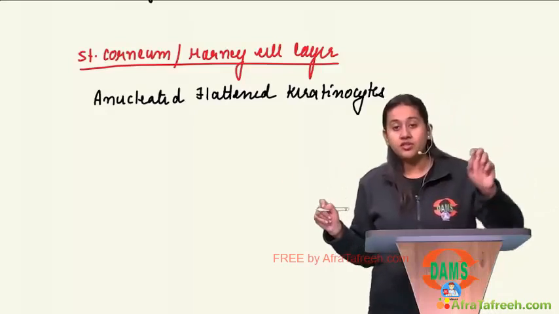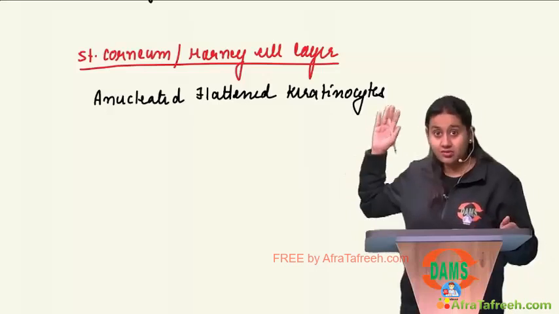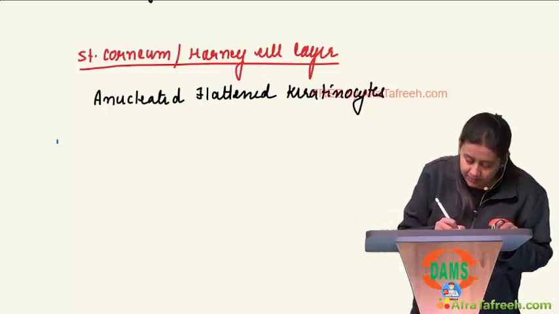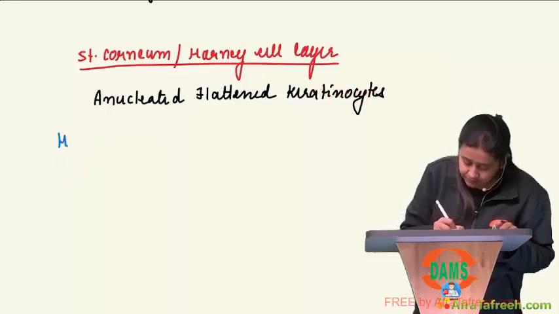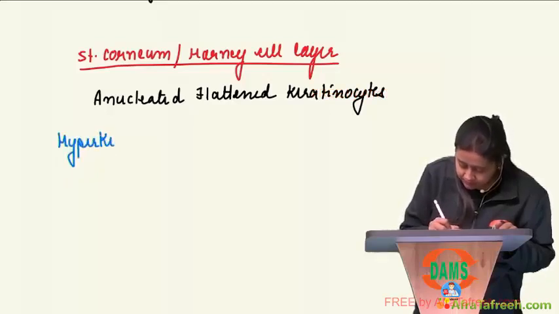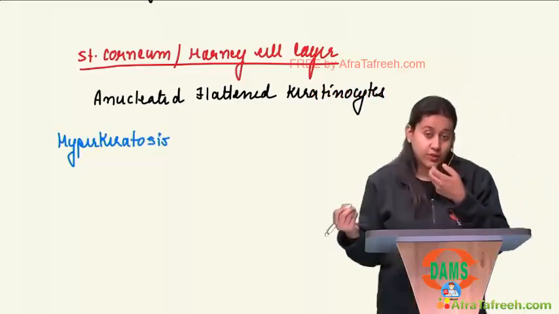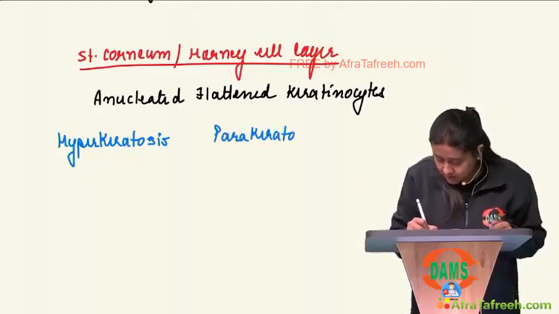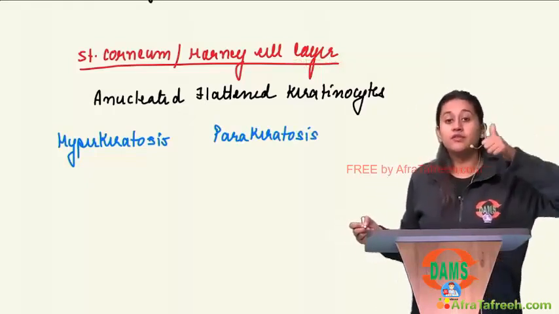Now, two histopathological terms which you should know with respect to your stratum corneum, which are very important and frequently asked. One is, what is hyperkeratosis? And the second terminology, from which you can get a lot of questions, is what is parakeratosis? Hyperkeratosis means increase in the thickness of stratum corneum.